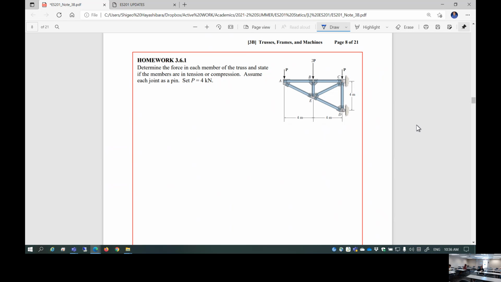So the only equations available at each joint are summation of force in x and y direction set equal to 0. Now, at the very beginning, when you try to find the support reactions, of course, you can apply sum of the moment at each location equal to 0, because that's a support reaction. But at each joint, summation of moment set equal to 0, of course, gives nothing, since all the forces act on that joint, no moment.